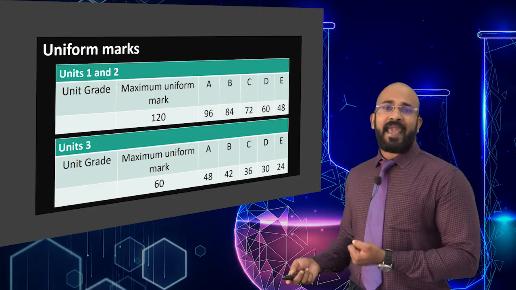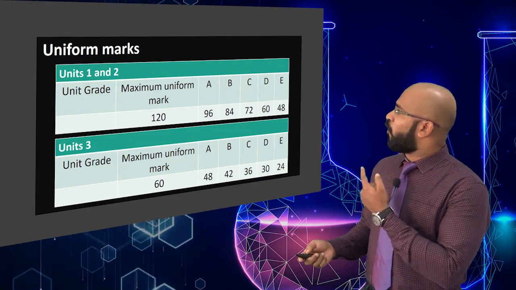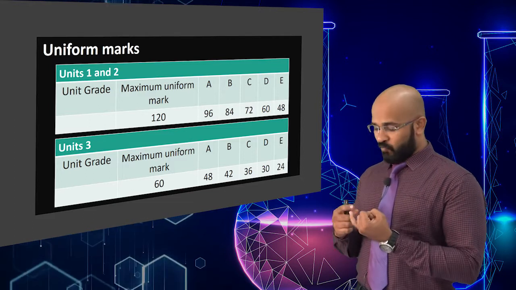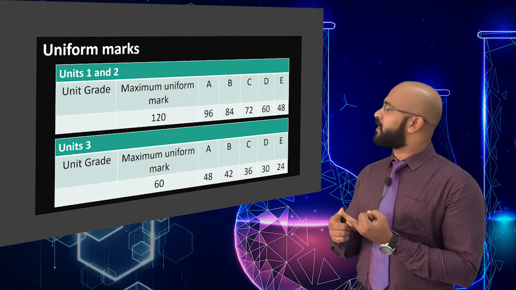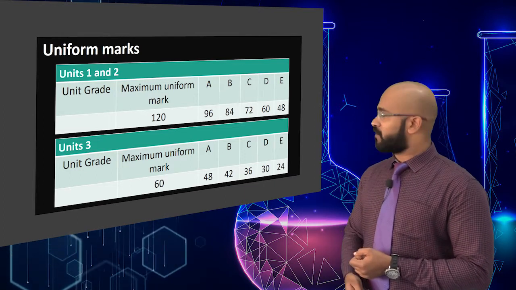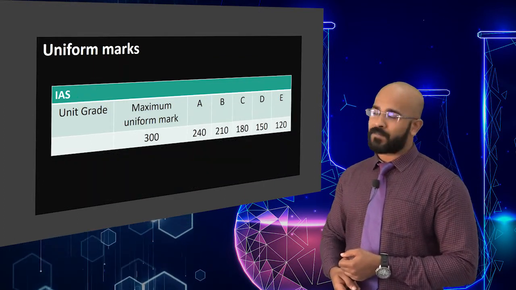In IAS, you will be attending 3 units: 1, 2 and 3. That means the total mark will be 120 plus 120, 240 plus 60, 300 for all the 3 units.